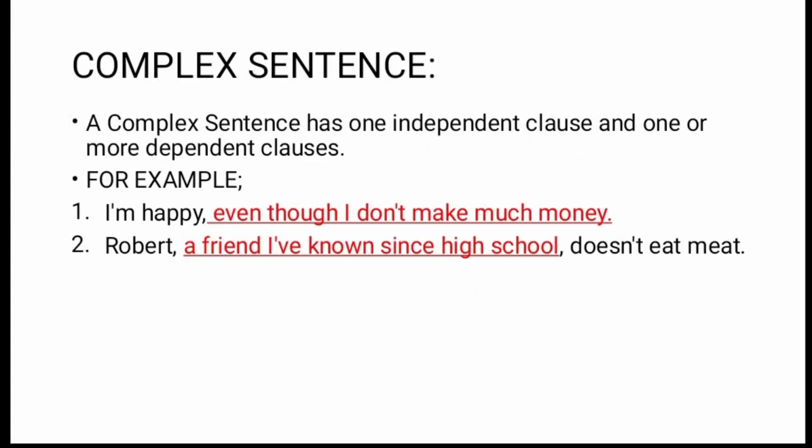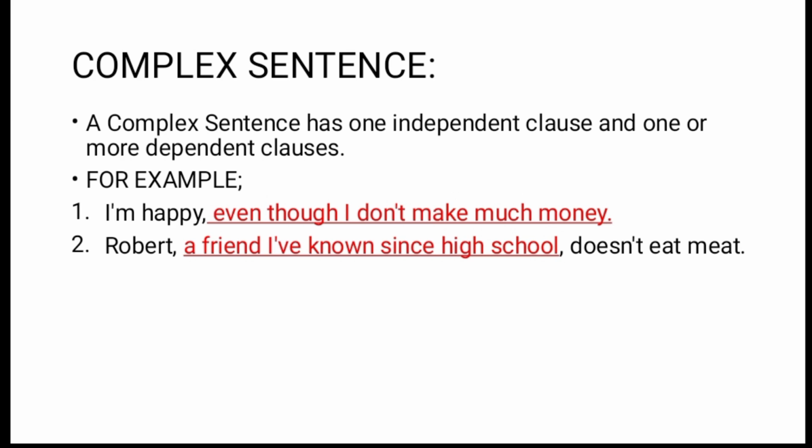The third one we have is the complex sentence. A complex sentence has one independent clause and one or more dependent clauses. If a sentence contains one independent clause and one or more dependent clauses, like one or two or three, that sentence will be called a complex sentence. For example, I am happy even though I don't make much money.